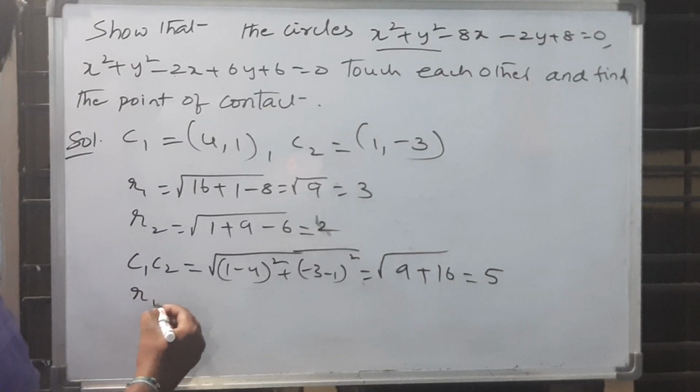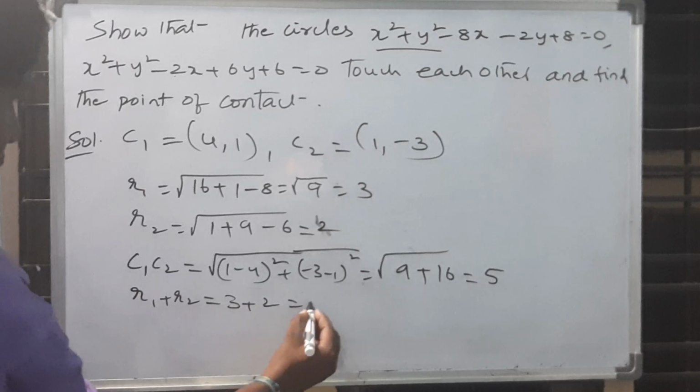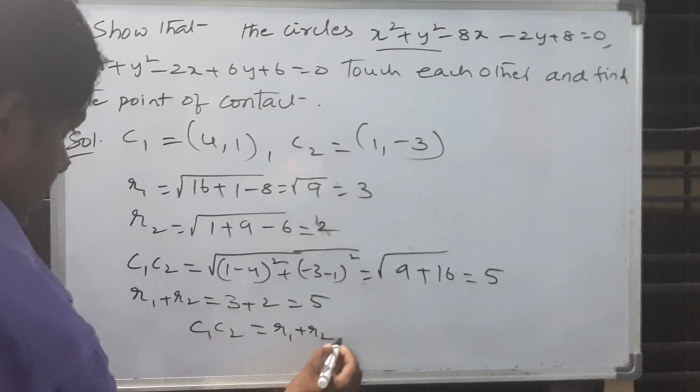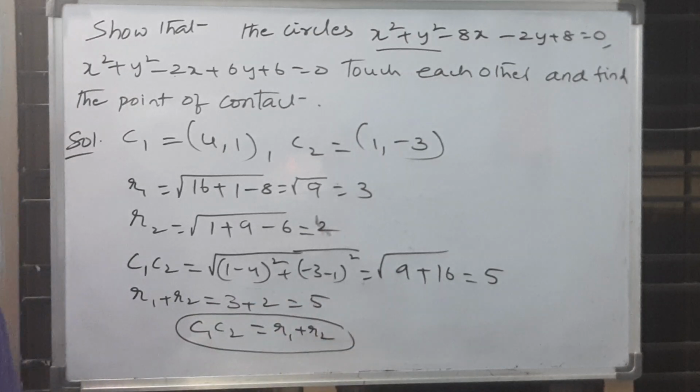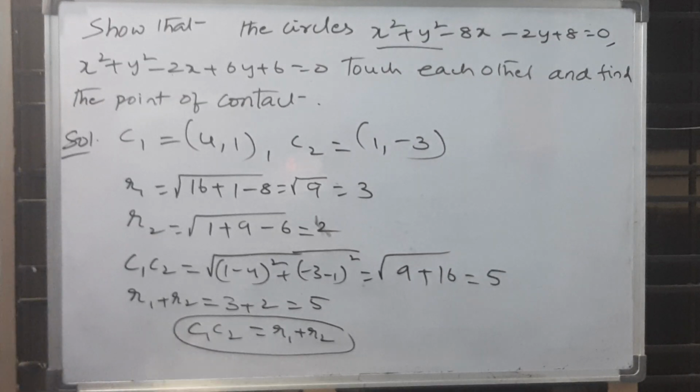Next, R1 plus R2. R1 is 3 plus R2 is 2, that is 5. So C1C2 is equal to R1 plus R2, we got. So this is the condition for two circles to touch externally. So first condition proved.